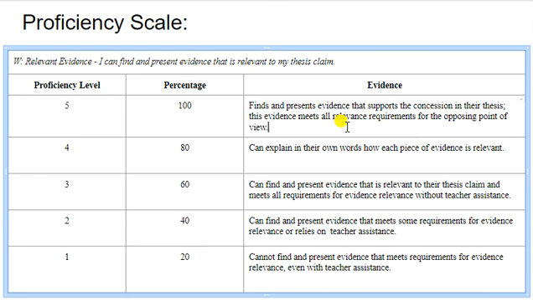This evidence meets all relevance requirements for the opposing point of view. So not only would you be researching and providing evidence for your own side of the argument, but also for the opponent's side as well. It's called a counterclaim, and being able to counter what the opposition might say. It's a very important skill, so that's how you're going to get to the top on this one.